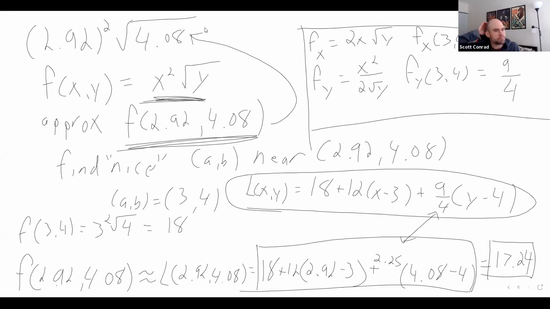It depends on what you're dealing with. In this case, if it were 2.92 squared times the square root of 4.52, I would say round that down to 4, because we know what the square root of 4 is.